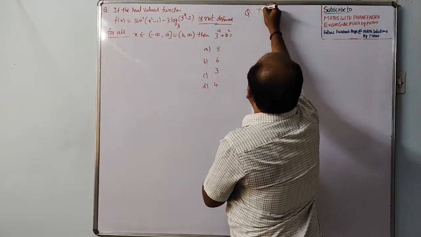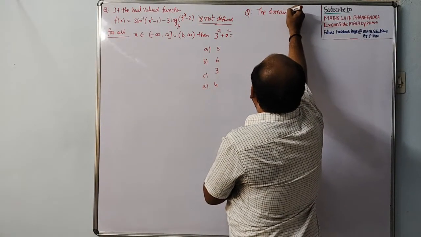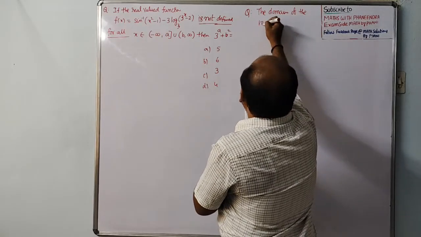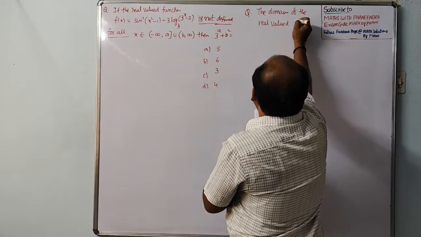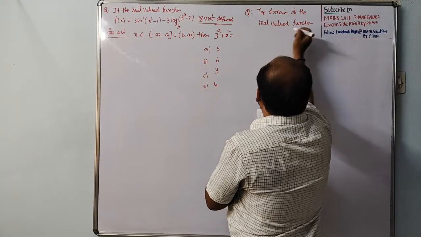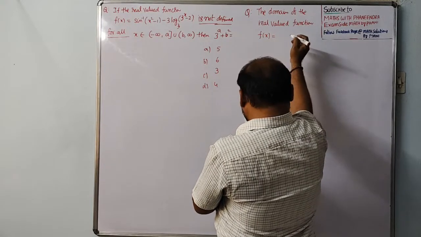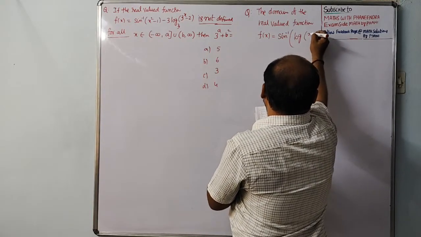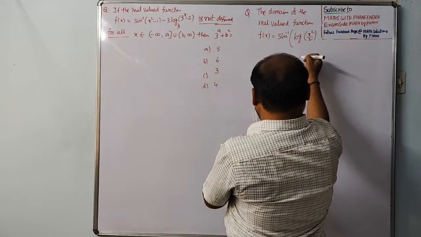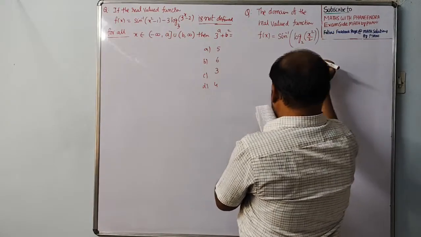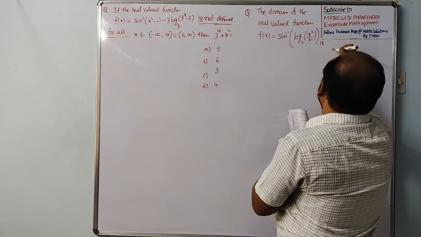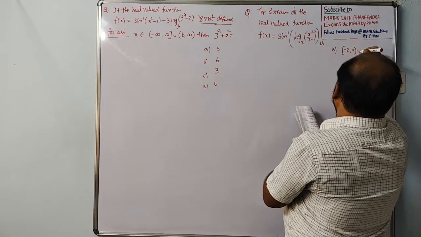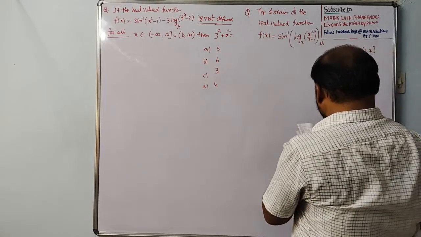The domain of the real valued function f of x equal to sine inverse of log of x square by 2 to the base 2 is, so first option, closed minus 2 comma 0 union open 1 comma closed 2.